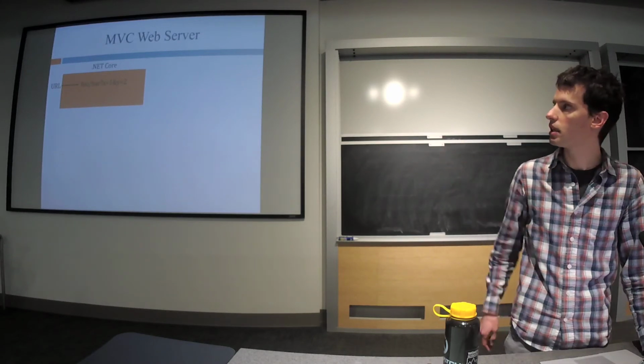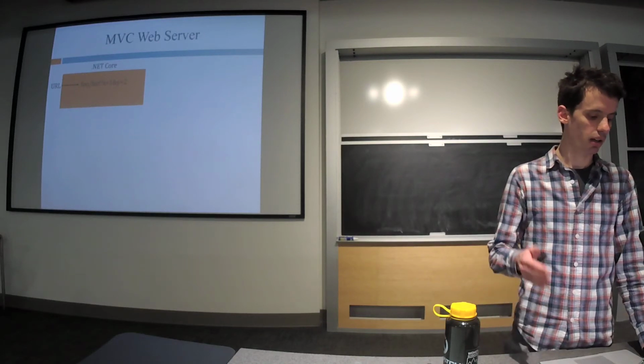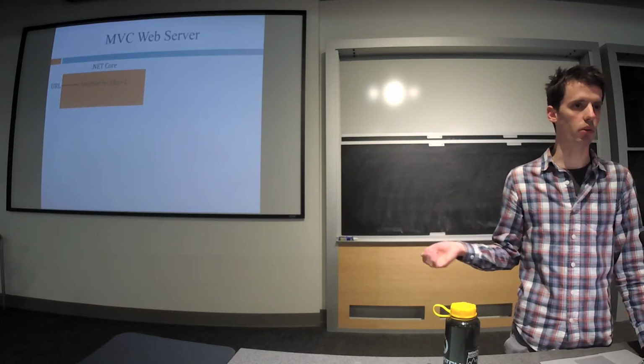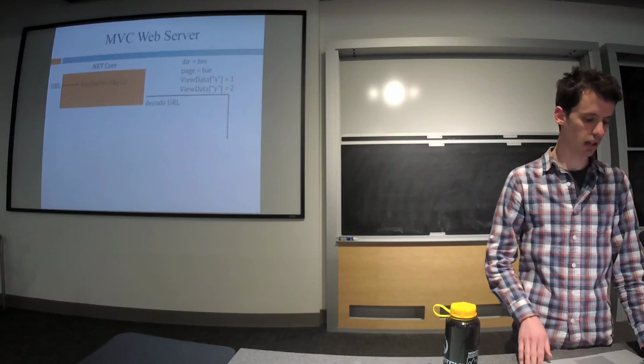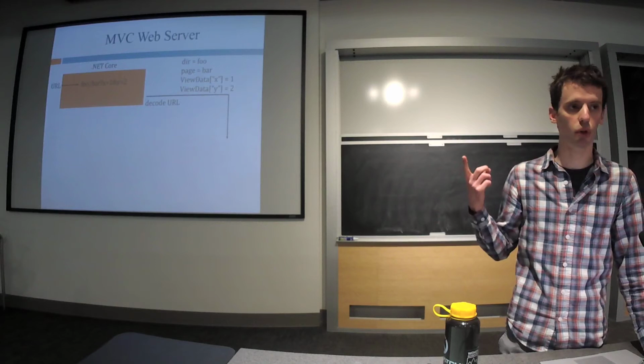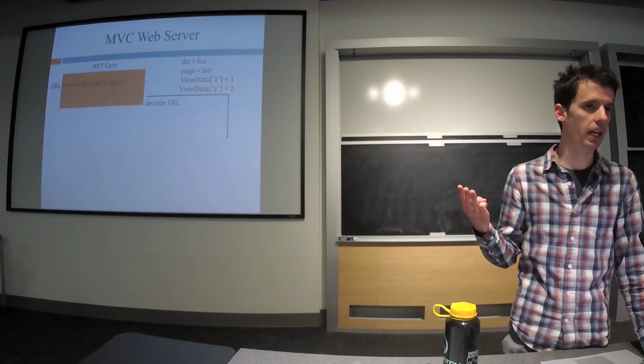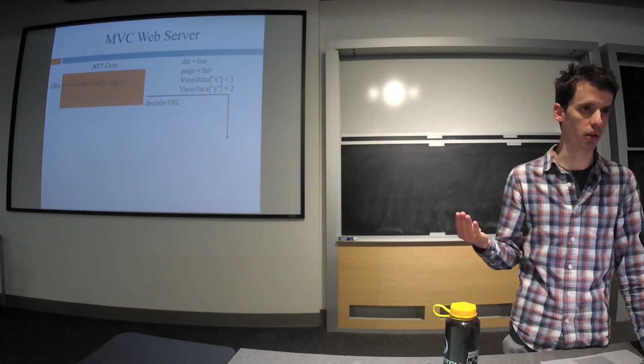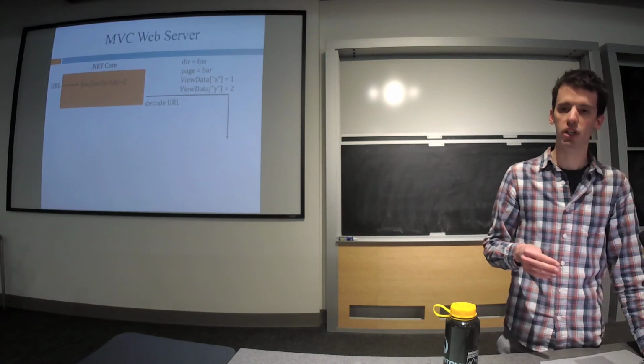So a URL comes in, say it's foo/bar?x=1&y=2. .NET Core will automatically decode that into directory is foo, page is bar, view data x is 1, view data y is 2. And it will figure out which controller to run.